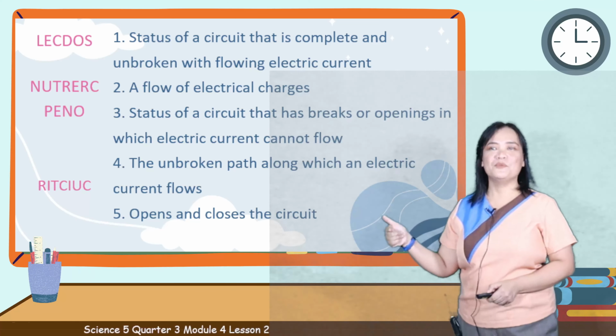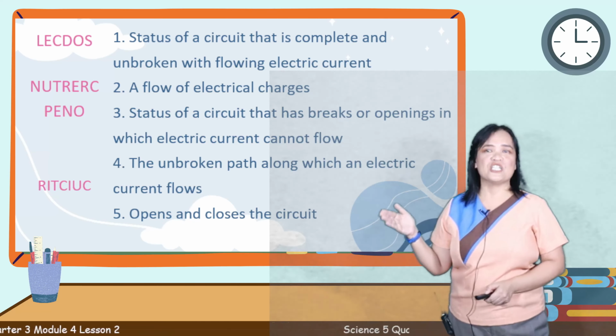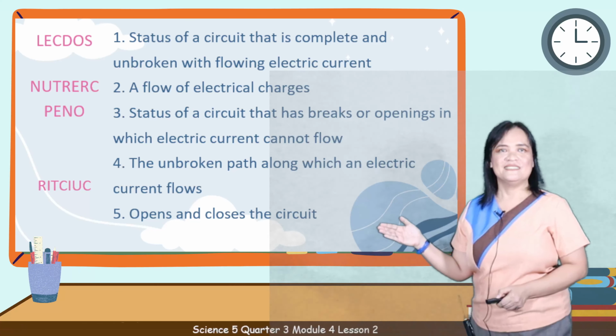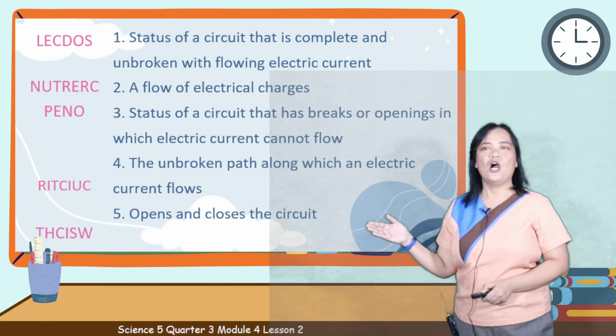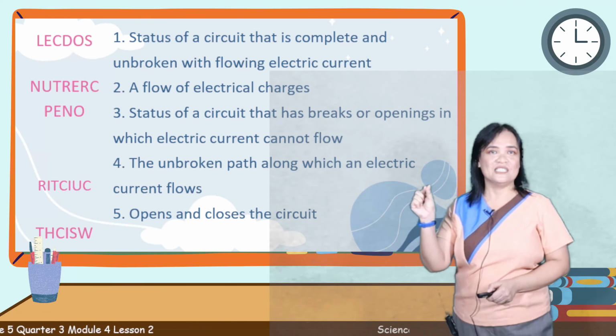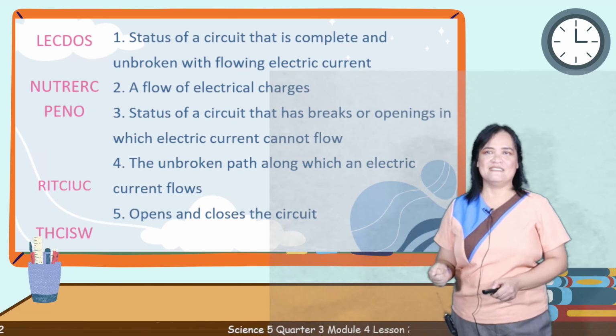Next one, number 4, the unbroken path along which an electric current flows. And number 5, opens and closes the circuit, the one that controls the electric circuit.